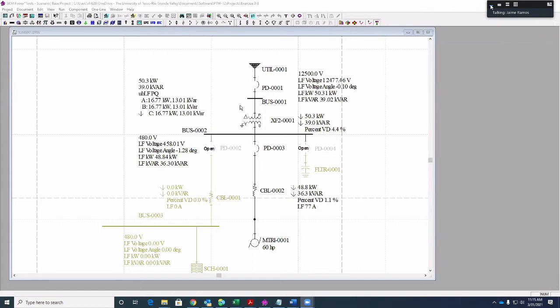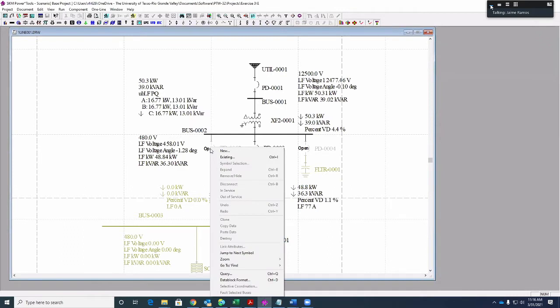Okay, so right now, for example, on the left-hand side circuit breaker, right click on it, and then we can put it in service or out of service. So let me see if I can change.